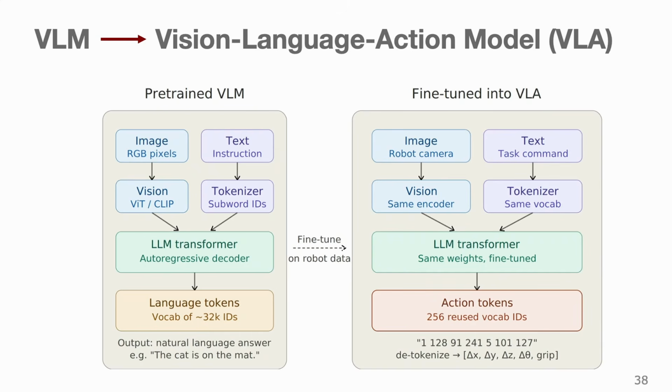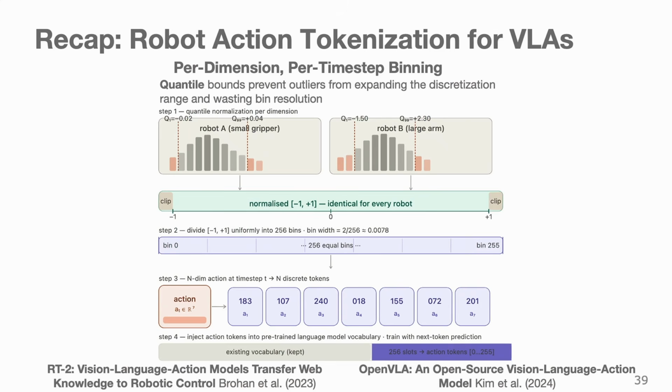And now your LLM can predict these new action tokens because they're part of its vocabulary, and then you train this with next token prediction with the same cross-entropy loss. We already covered action tokenization in the past lectures, so I won't go into details again. But just to recap, the first approaches like RT-2 or OpenVLA used a very simple, naive per-dimension, per-time-step binning discretization approach.